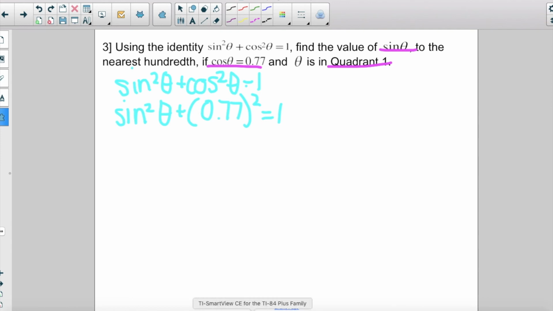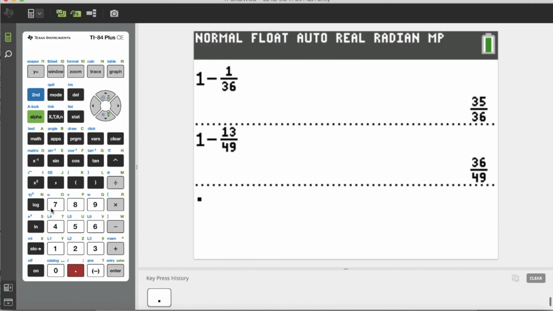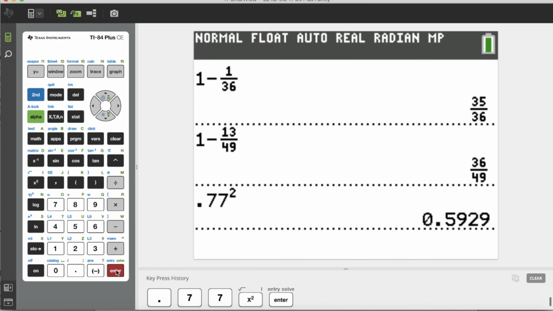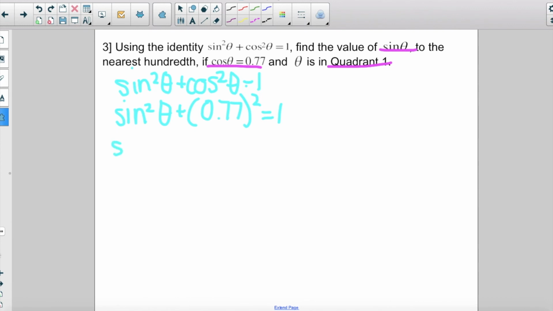Now we have to find 0.77 squared, and that is 0.5929. So we have sine squared theta plus 0.5929 equals 1.